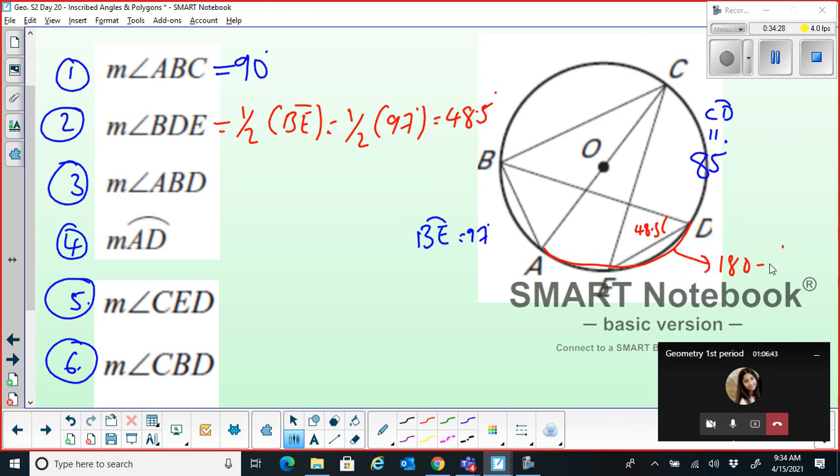I'll just write arc AD, otherwise you may get confused. Arc AD is 180 minus 85 because this is a semicircle. If I do that, I'll have 95 degrees. So arc AD is 95 degrees.